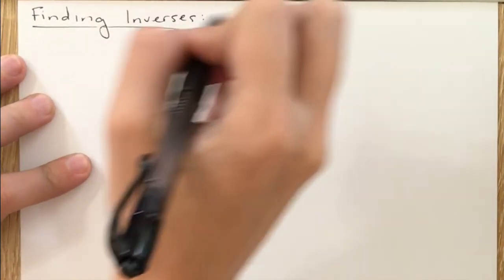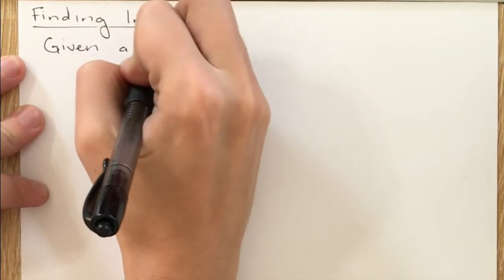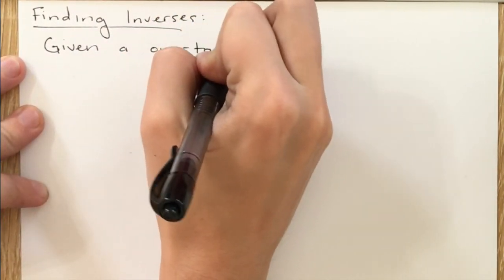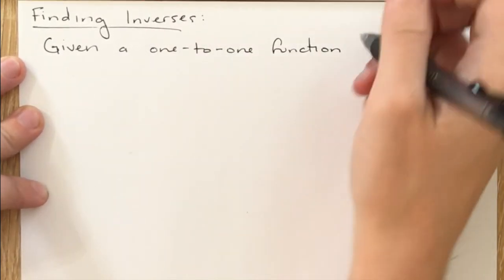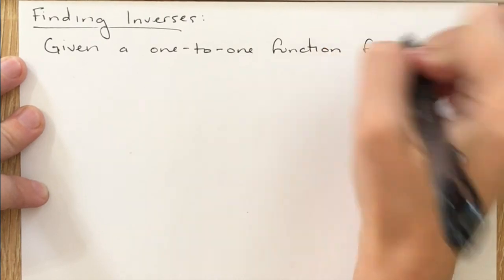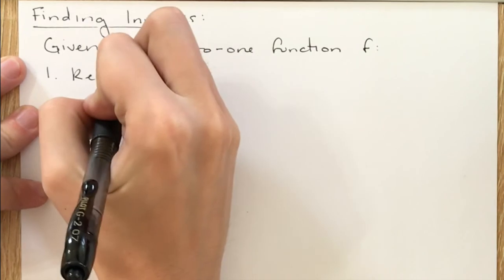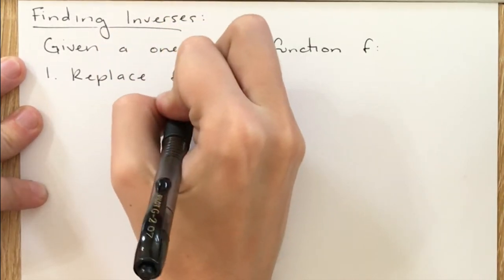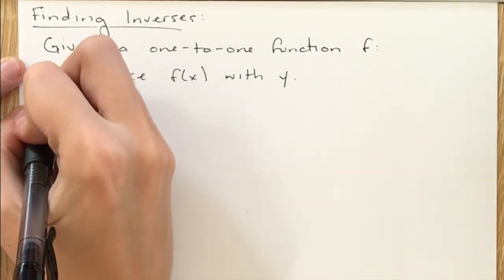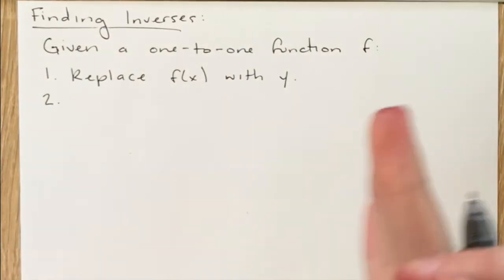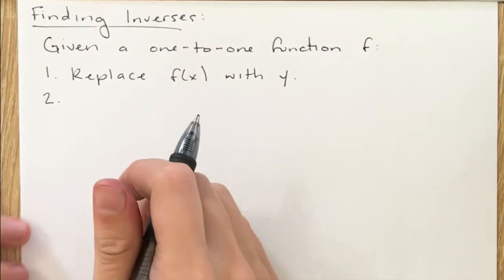So, finding inverses. Given a one-to-one function f, we always have to remember that one-to-one function part. First, we want to replace f of x with y, or if it's g of x or g of t or whatever it is, we want to replace it with our dependent variable.